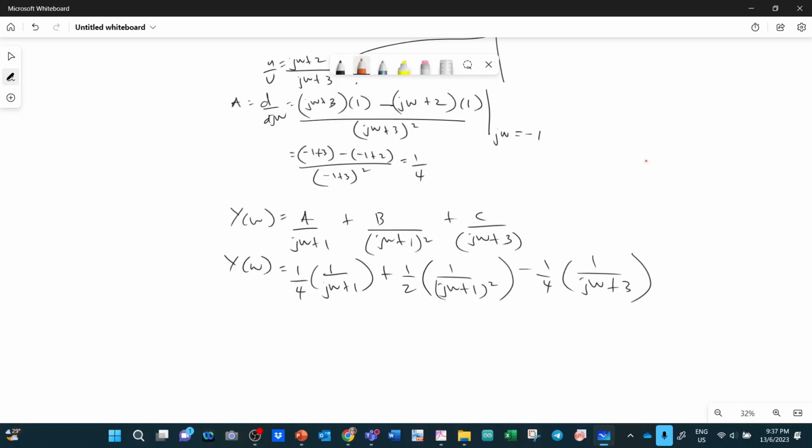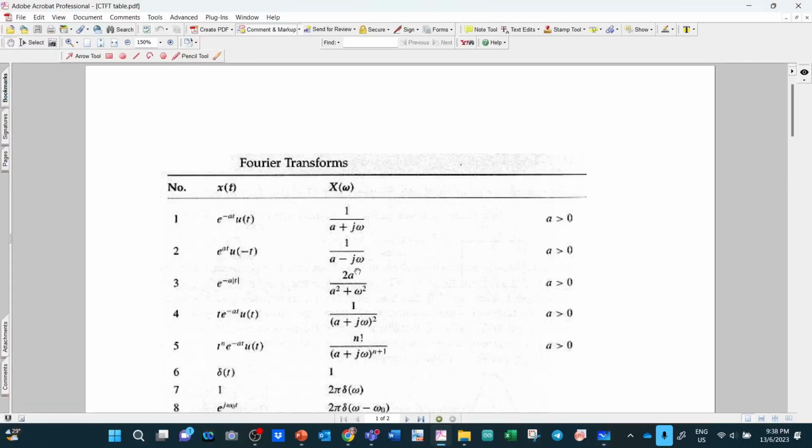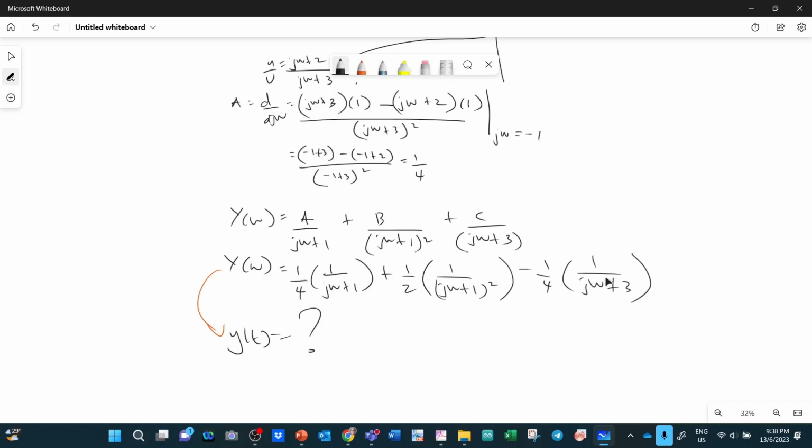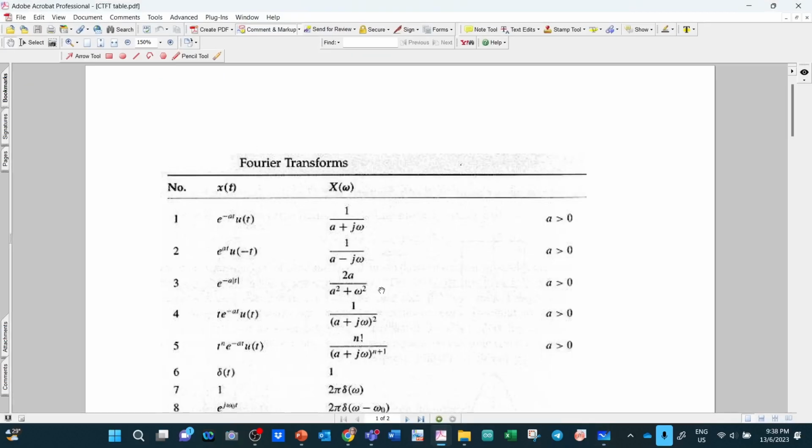Okay. So how do you find y(t)? By referring to the Fourier transform table. For the Fourier transform table, these two are direct, no problem with these. So if you write here, you get 1 over 4 e to the power of minus t u(t), plus this one, you need to be careful, you have power of 2, so you need to refer to the Fourier transform table.